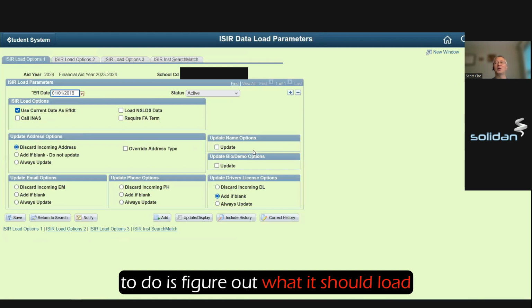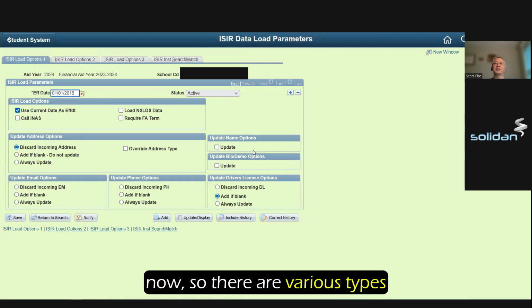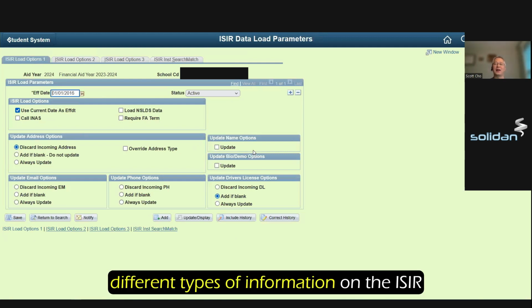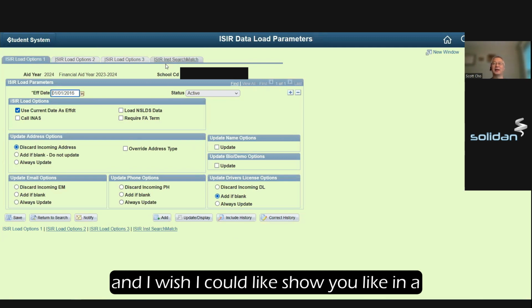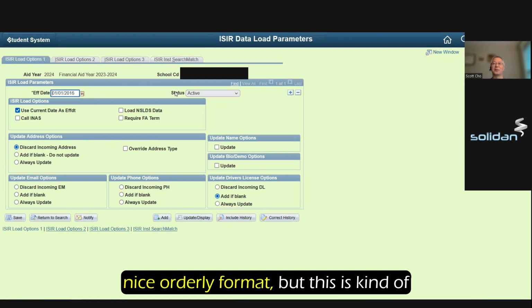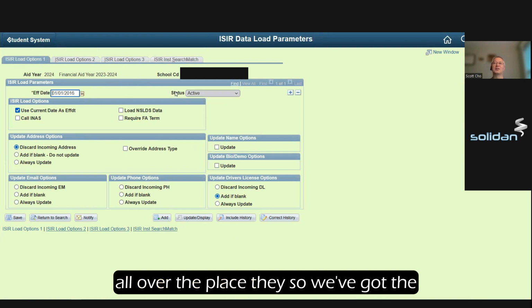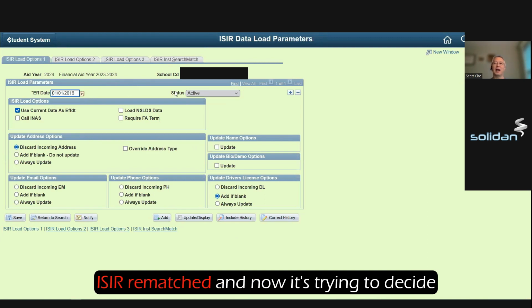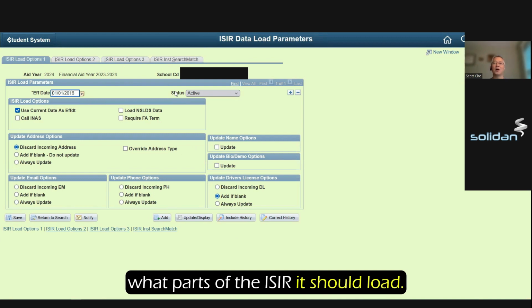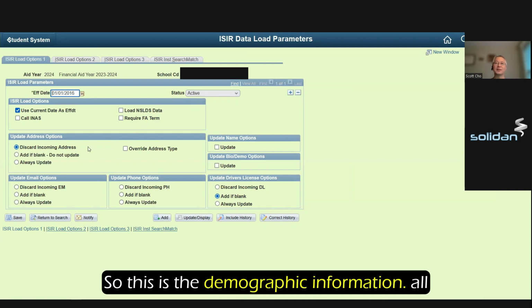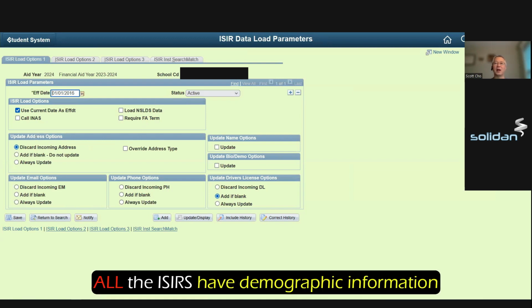All right, so it finds the student first, and then what it's trying to do is figure out what it should load. There are various different types of information on the ISIR, and I wish I could show you in a nice orderly format, but this is kind of all over the place. So we've got the ISIR we matched, and now it's trying to decide what parts of the ISIR it should load. This is the demographic information.